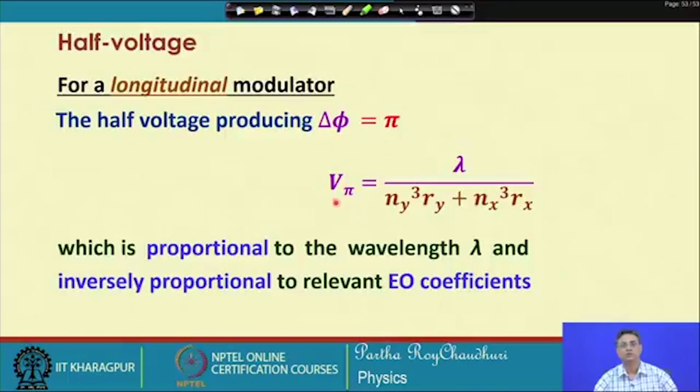So, that gives you V pi, the half-wave voltage that is required for this modulator's switching from state 1 to state 0, and this is proportional to the wavelength lambda, as you can see. So, this half-wave voltage depends on the wavelength also, linearly proportional. The higher the wavelength, the higher the half-wave voltage required, and it is inversely proportional to the relevant electro-optic coefficients, that is ry and rx.